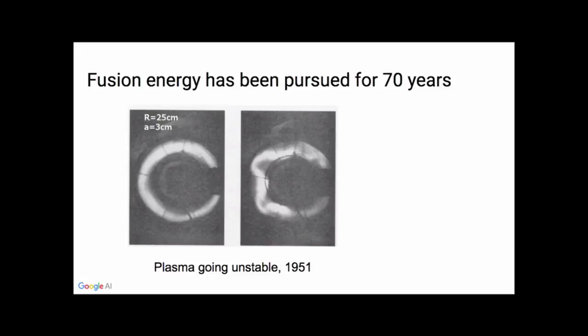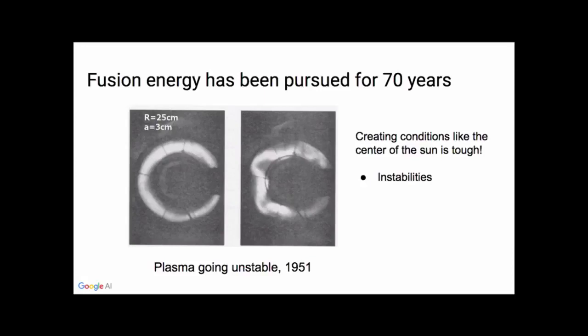So here's the problem. No one knows how to make it work. It's been pursued for 70 years, and it's a very, very difficult engineering problem, because creating conditions like at the center of the sun is incredibly tough. Here's a picture I found from 1951 of some physicists making a ring of plasma, and on the right-hand side you can see it starts to get kinks, because plasma likes to go unstable.